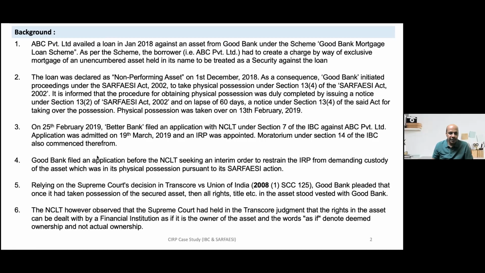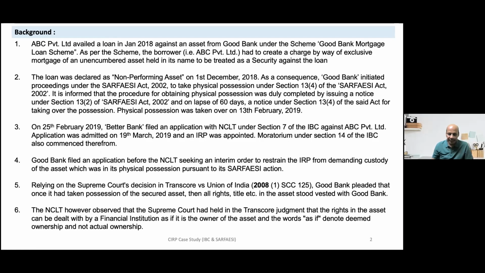If you see here, which is point number 3, on 25th Feb 2019, Better Bank filed an application to NCLT under Section 7 of IBC, and it was admitted. So CIRP was already initiated for ABC Limited, and IRP was also appointed. Moratorium also started.